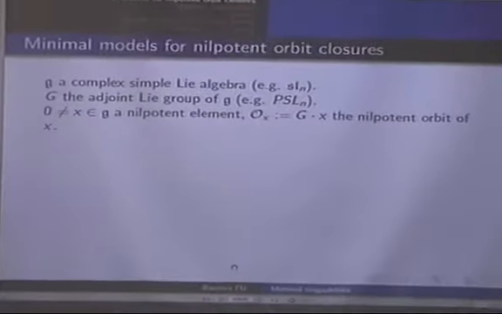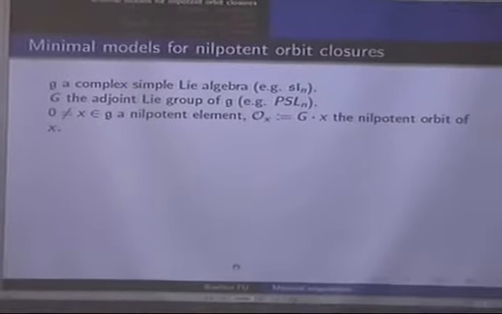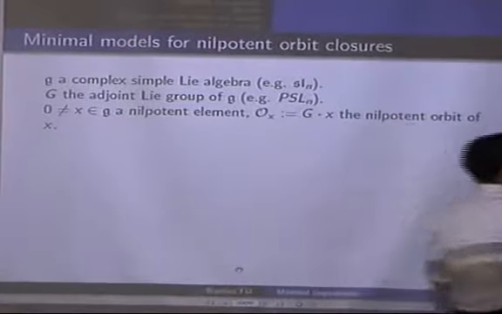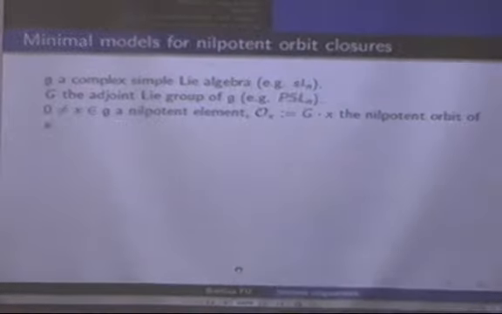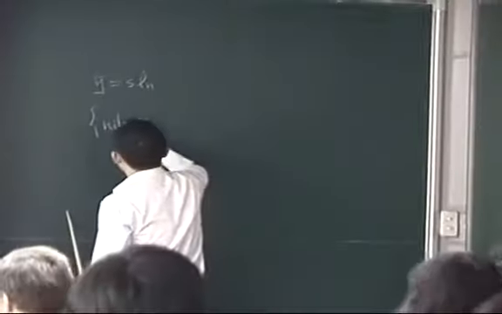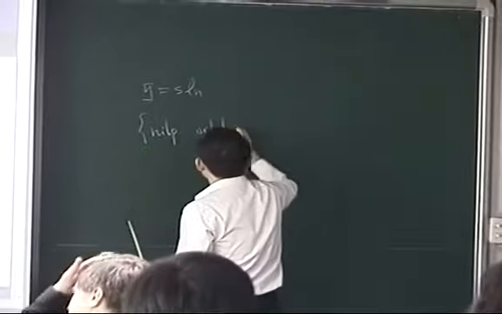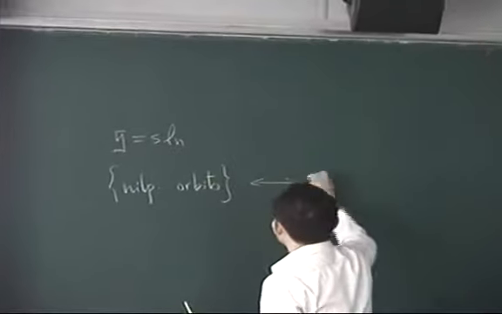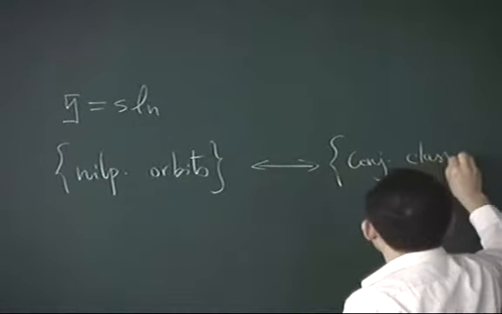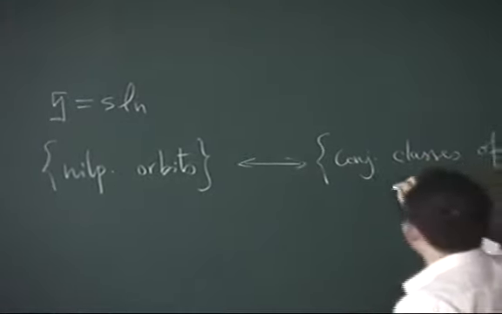For example, in the case of SL_N, what you get is just conjugacy classes. So nilpotent orbits are just conjugacy classes of nilpotent matrices.